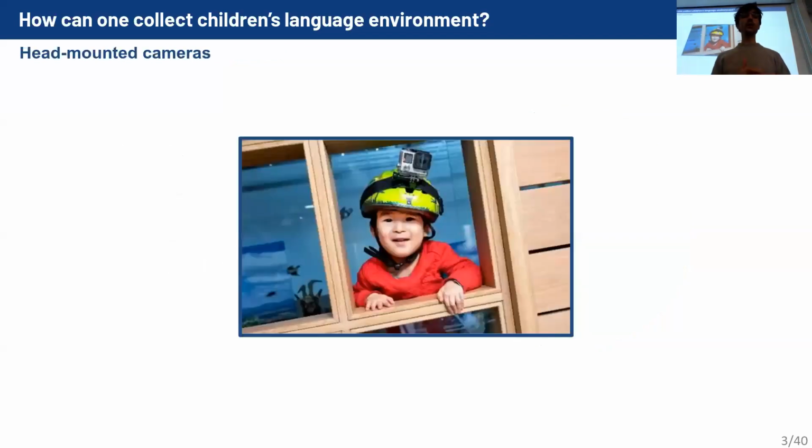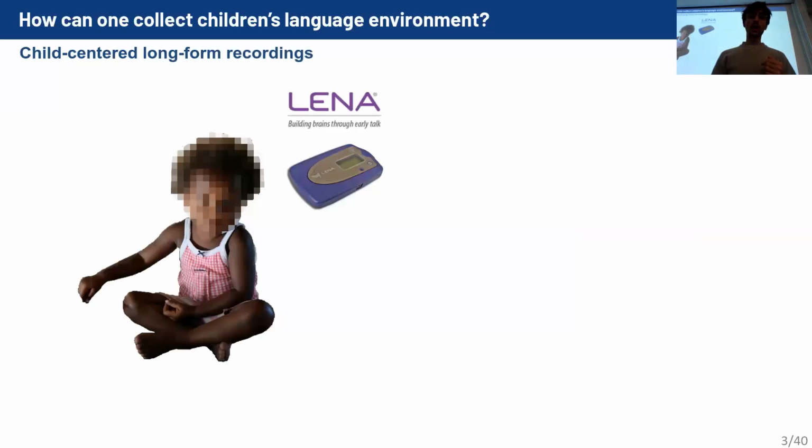Some other researchers use head-mounted cameras that allow you to collect audio and video directly from the child's viewpoint. But the solution I focused on during my PhD is child-centered long-form recordings.